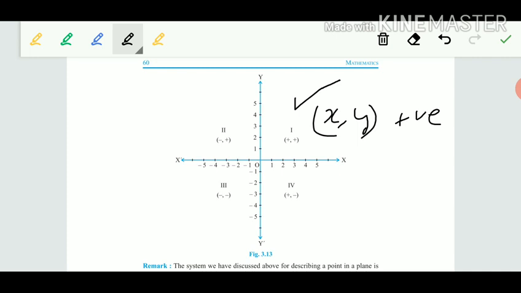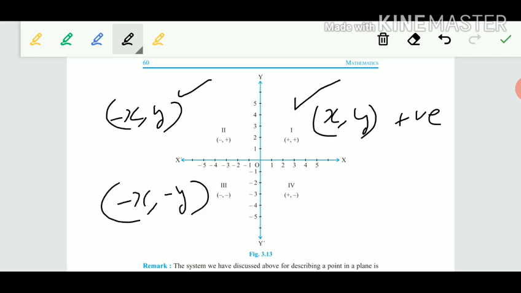But when a point is lying in the second quadrant, its x coordinate is negative and y coordinate is positive. In the third quadrant, the values of both x and y coordinates are negative, and in the fourth quadrant the value of the x coordinate is positive and the value of the y coordinate is negative.